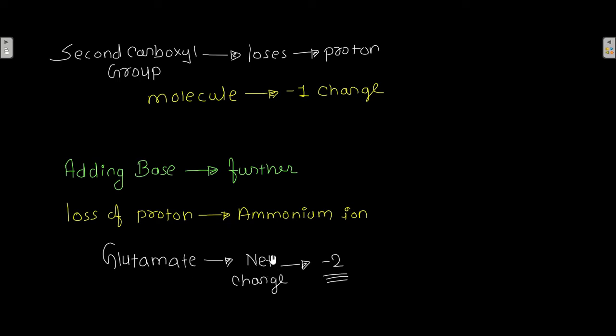So you start with +1, then you add base, you increase pH, then you go to 0, then you increase pH, then you go to -1, and after increasing pH even more, at last you will get a net charge of -2 on the glutamate.